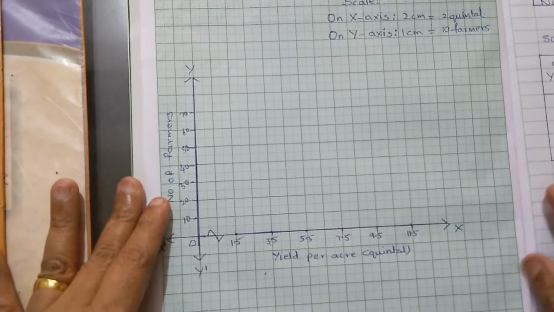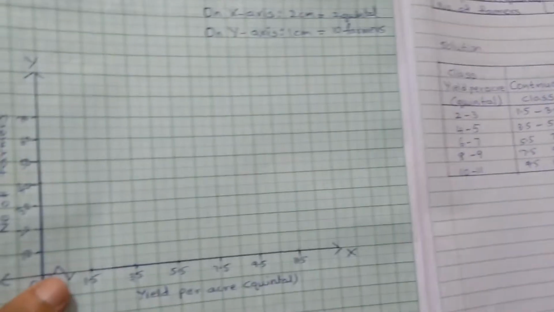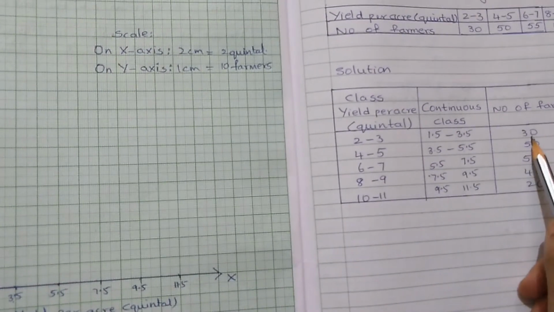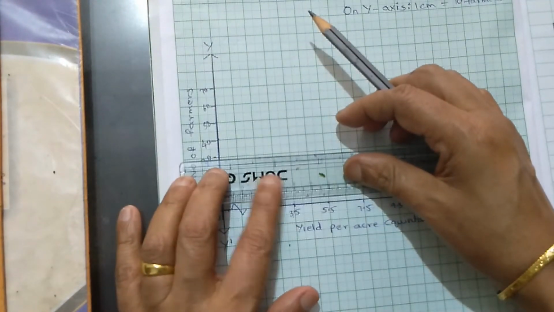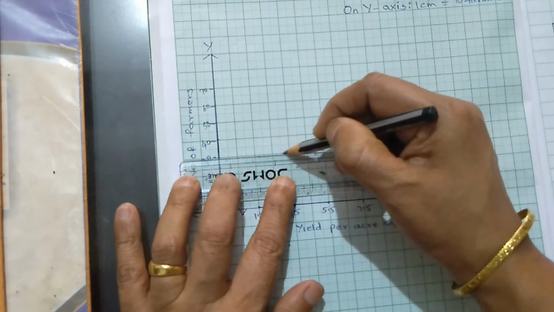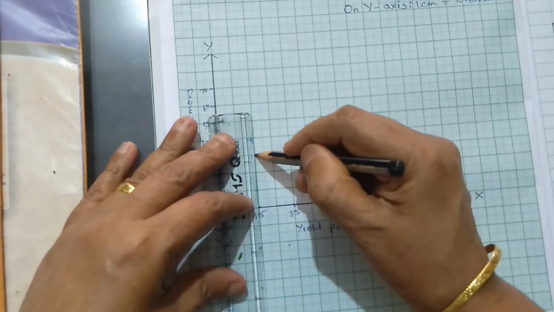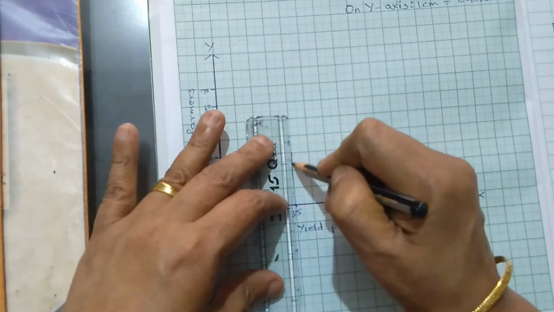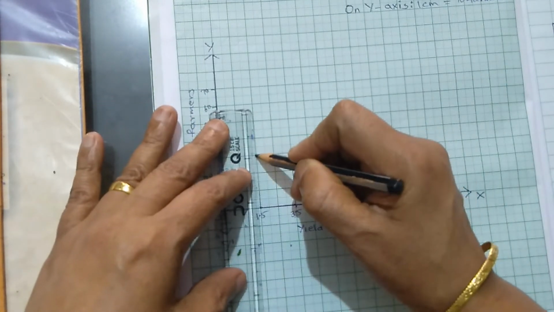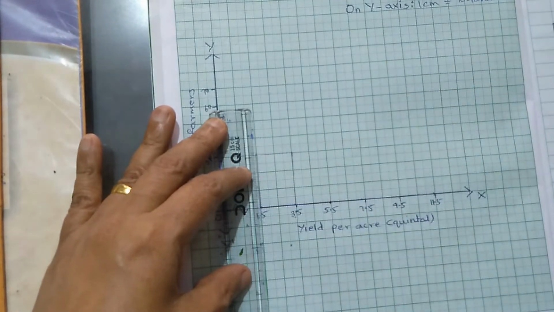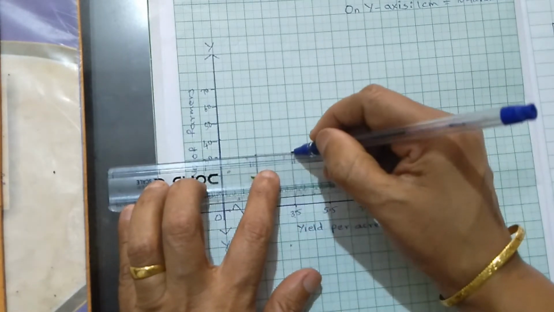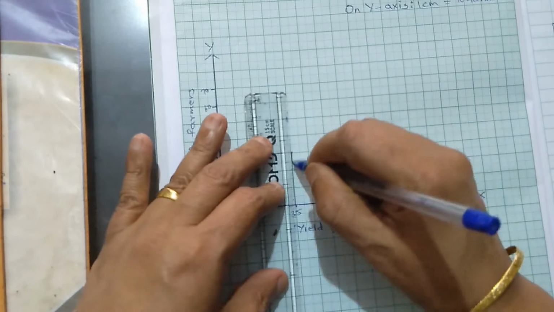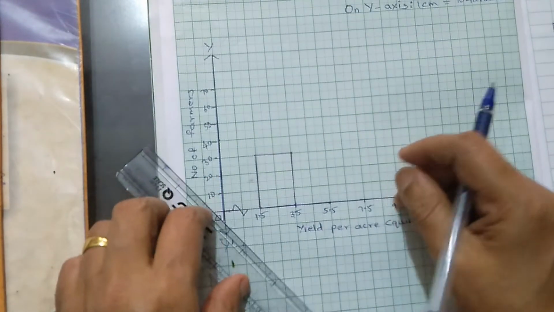Now draw the histogram. So 1.5 to 3.5 is how much? 30. So on 30 you will mark. If you can't see, I'll draw it with the pen. But in the exam you are not supposed to draw with the pen. Next 30 is over. Now next is what? 50.